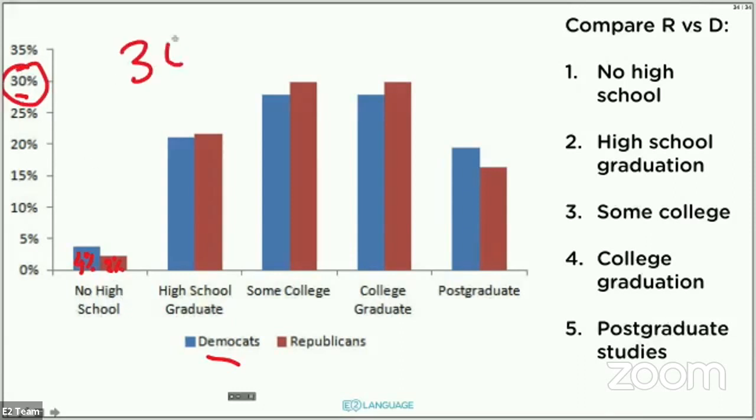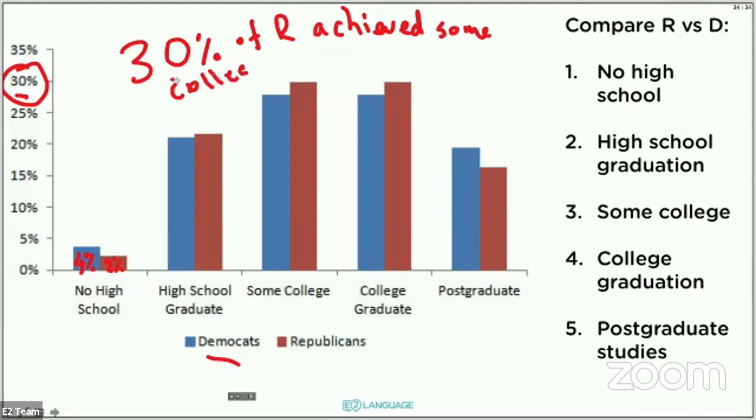So for example, 30% of Republicans achieved some college education. That's a good, clear sentence. So think about the subject of your sentence.